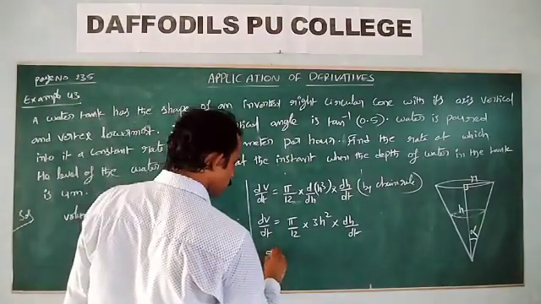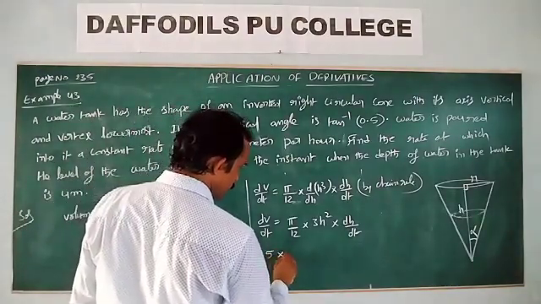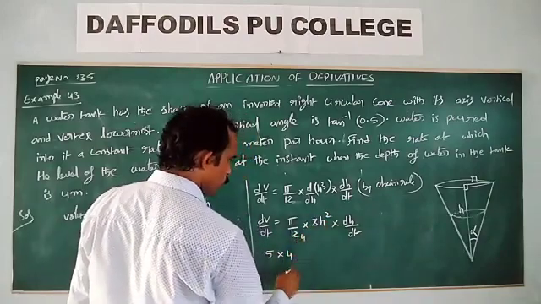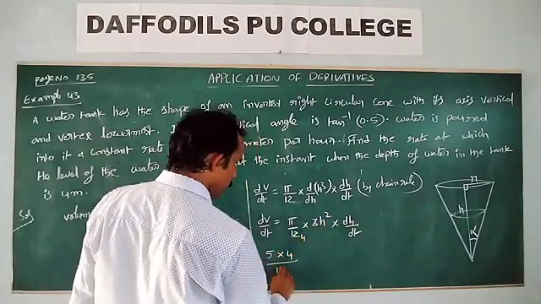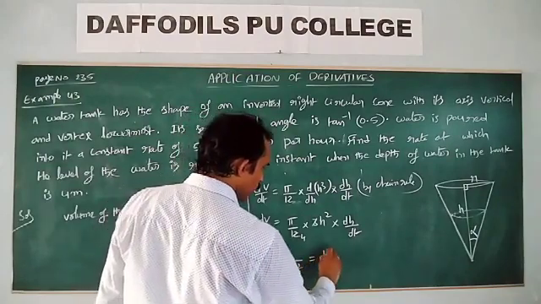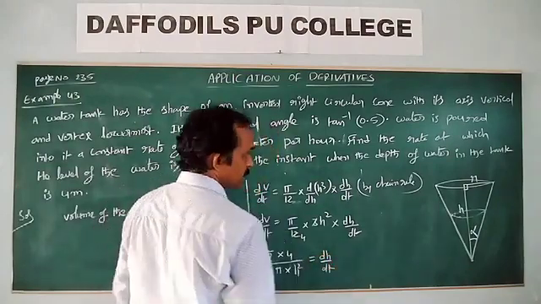So 5 into 12 divided by pi into 3h square is equal to dh by dt.